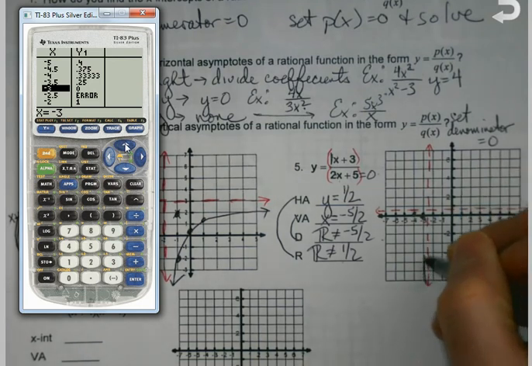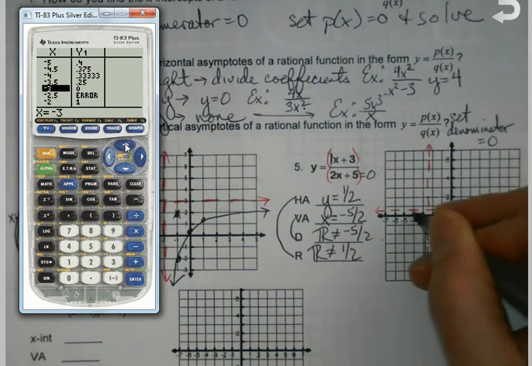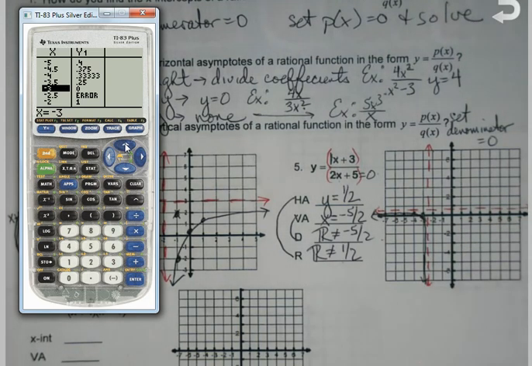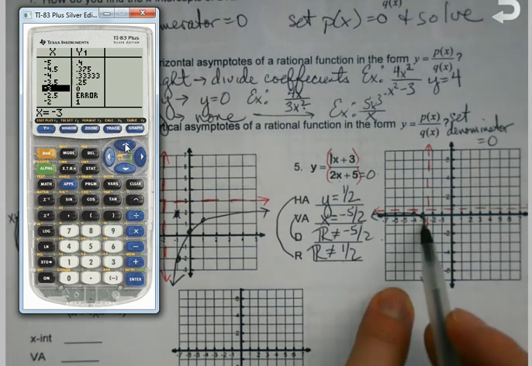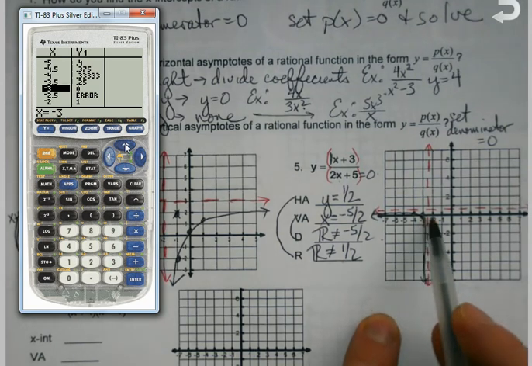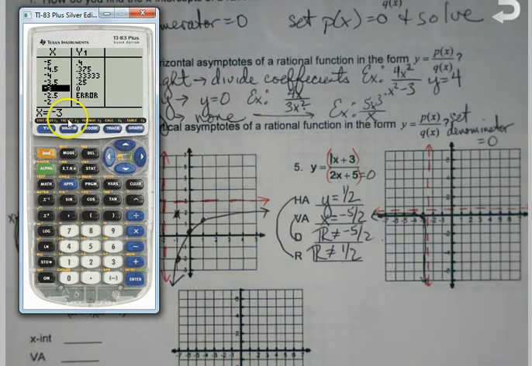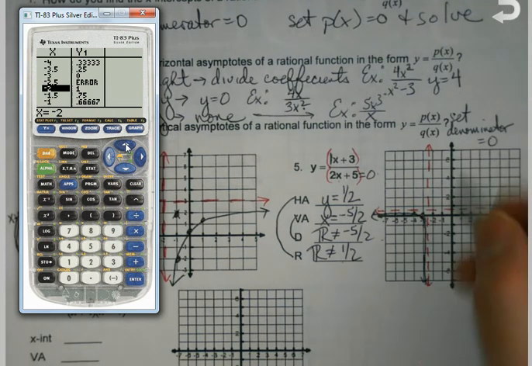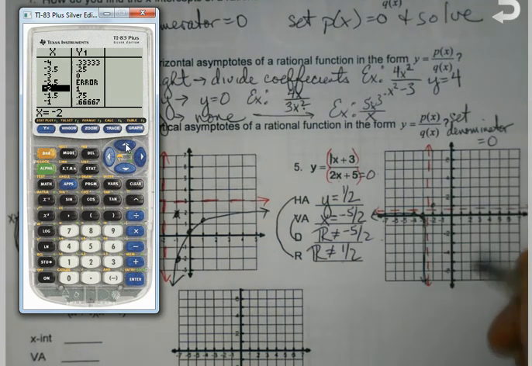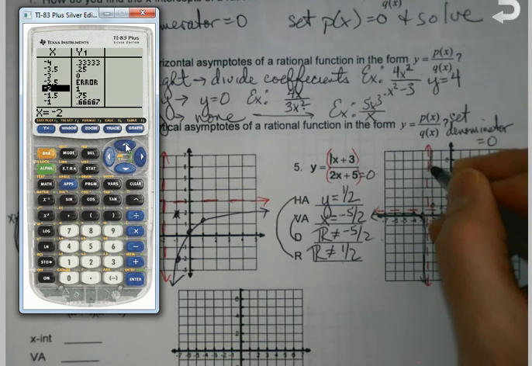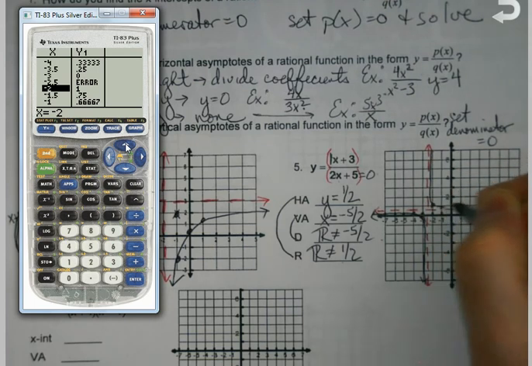But remember, when you're dealing with these branches, they're infinitely going in all directions. So this does not stop at this. It's going to keep on coming down and coming closer and closer to my asymptote. Same thing on the other side. It can get a little tricky sometimes because this one is really tight.